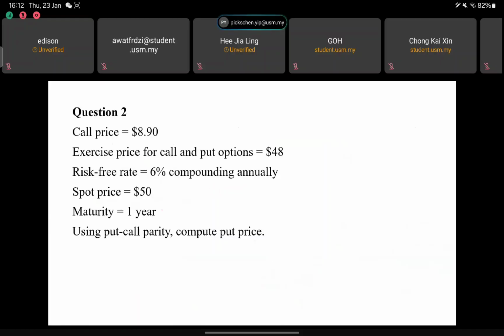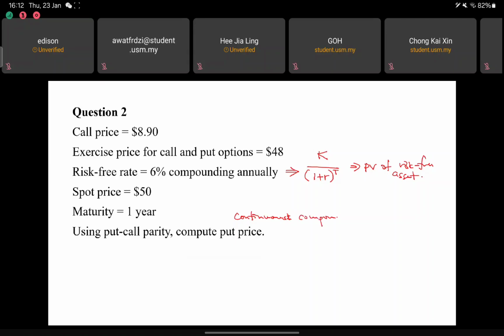If compounding annually, when you want to calculate the present value of the risk-free asset, you can use K divided by 1 plus R, to the power of T. If it is continuous compounding, we have to use the formula that we learned previously.